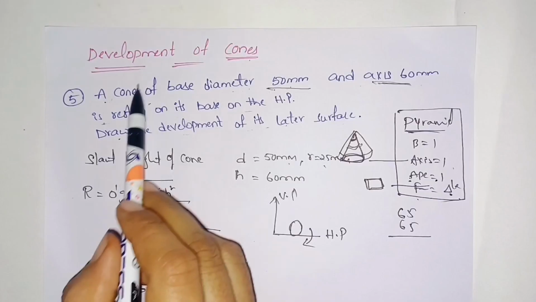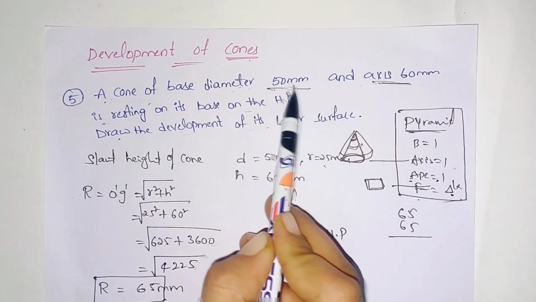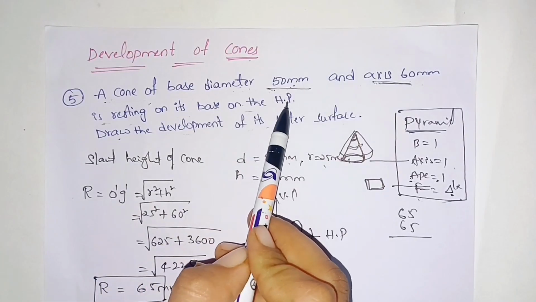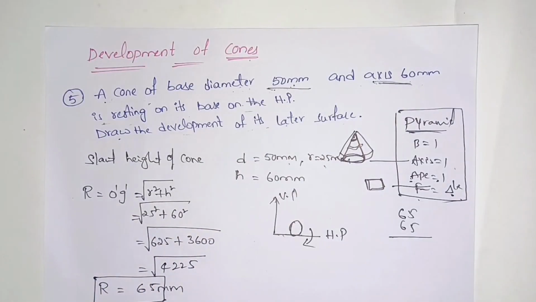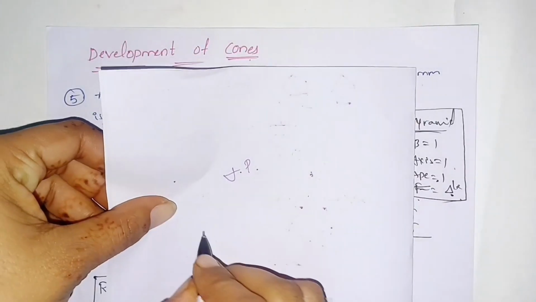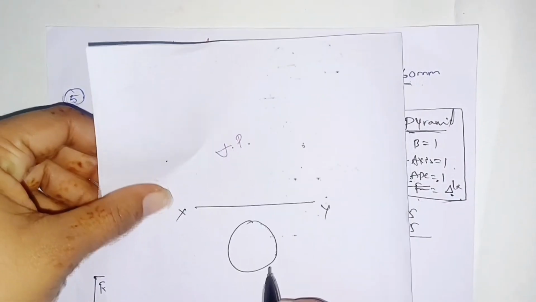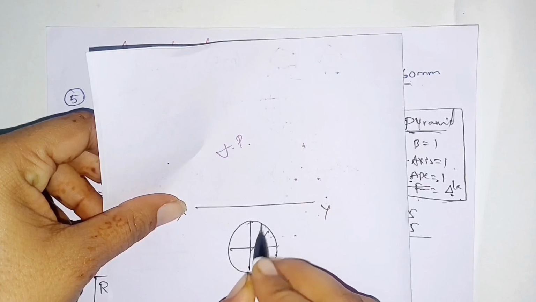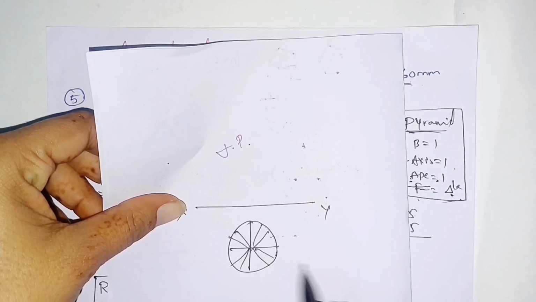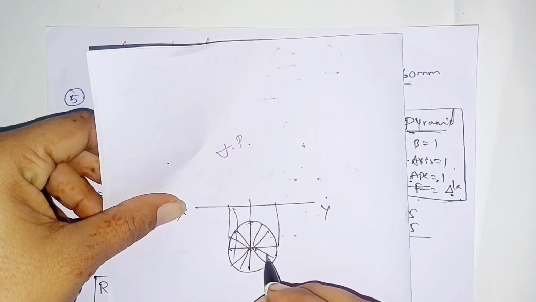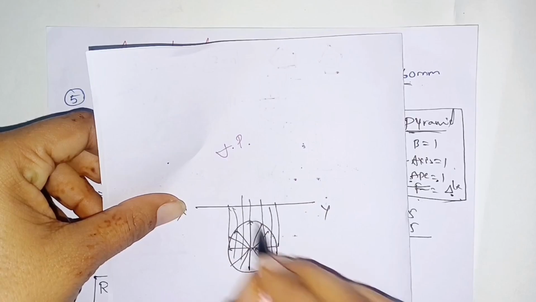And here the cone of base diameter is 50 mm and axis is 60 mm, resting with its base on the HP. HP means definitely it comes below the reference line. So I will draw a rough diagram here. Draw a circle and divide it into 12 equal divisions, and project up to the reference line, same as before.